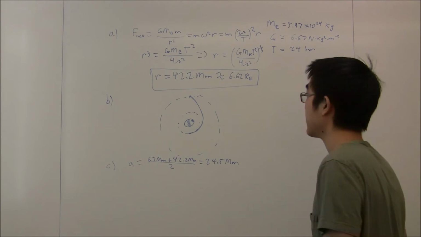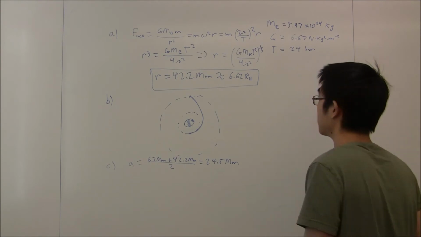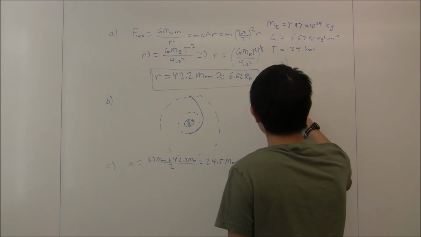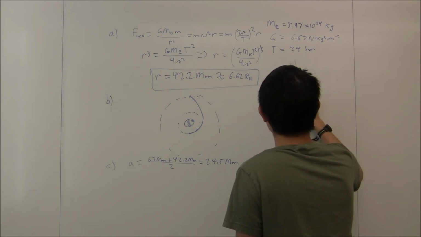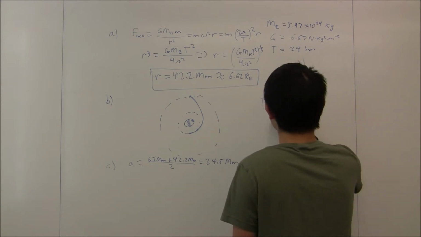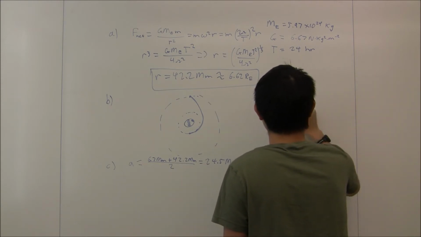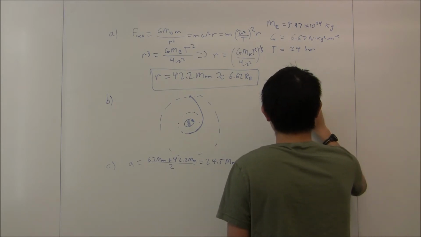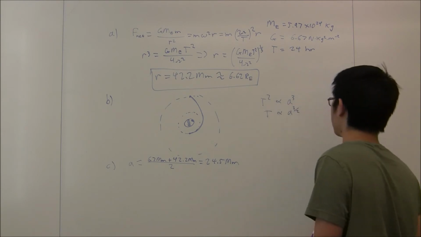Now notice that by Kepler's third law, we have that the period squared is going to be proportional to the semi-major axis cubed, which means that the period is proportional to the semi-major axis to the 3/2.